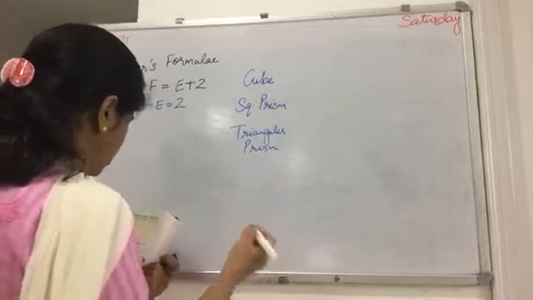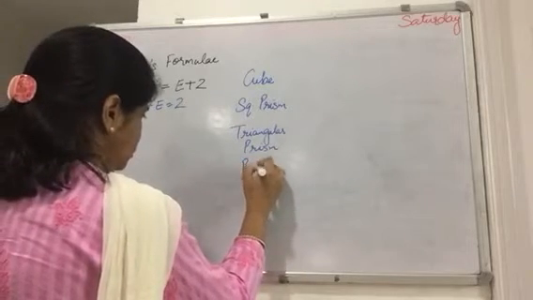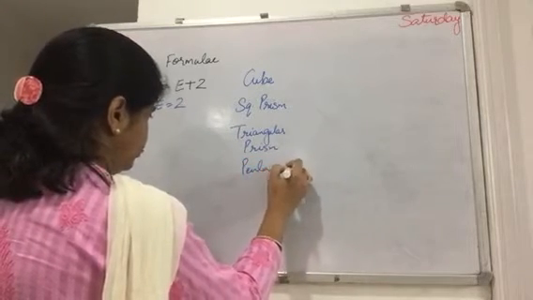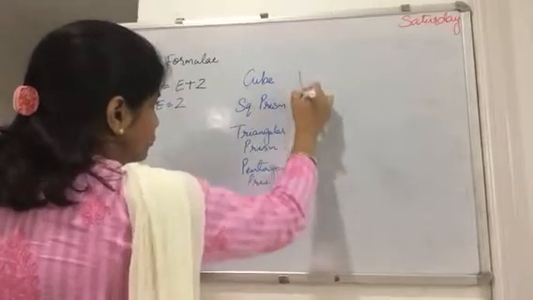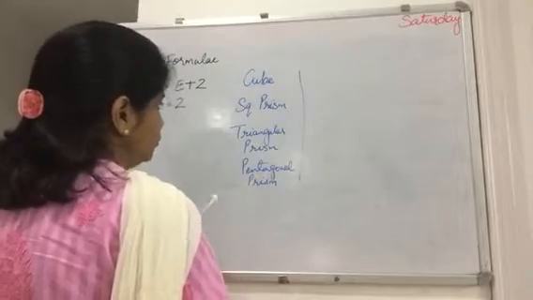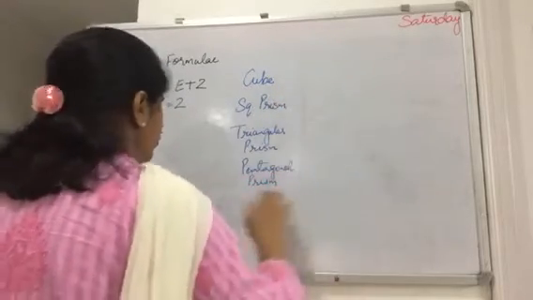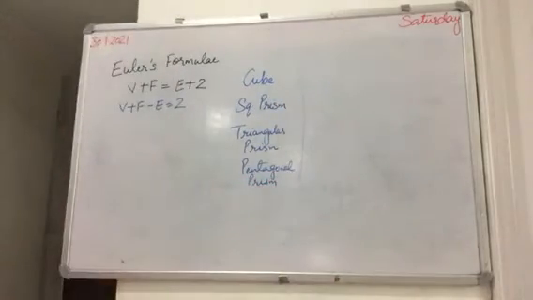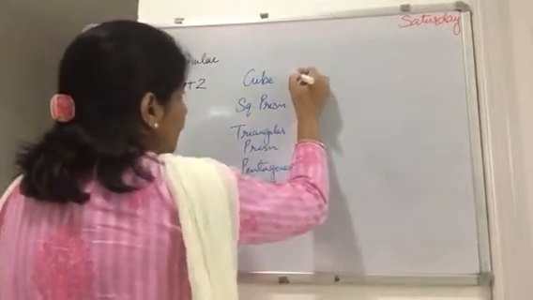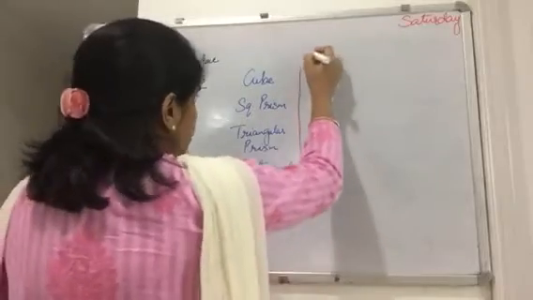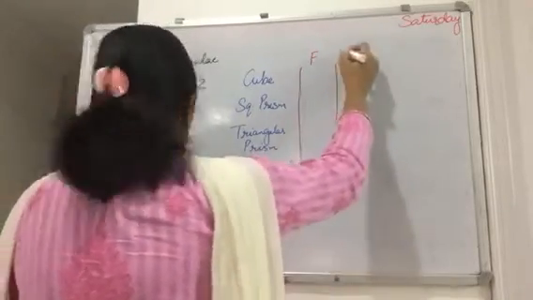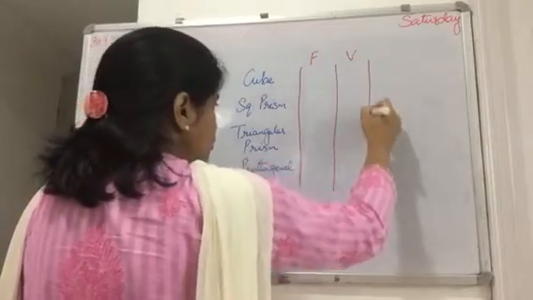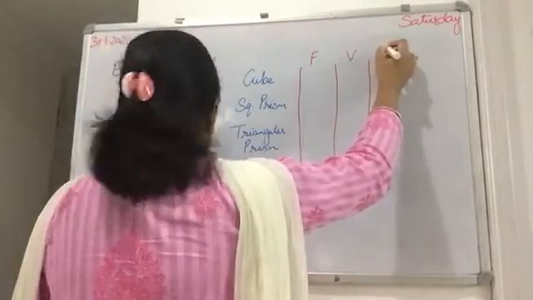Okay, all are prisms only. Columns: faces, vertices, edges.